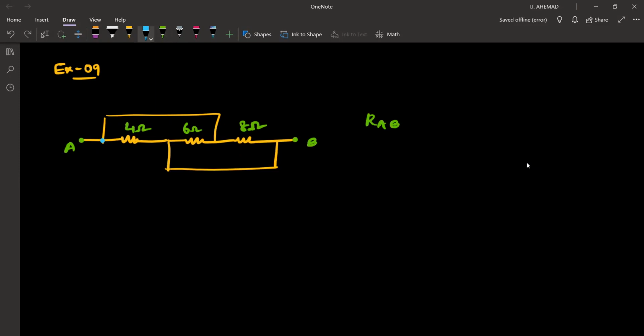how are these 2 points? Are they same or different? Are they same points or different points?